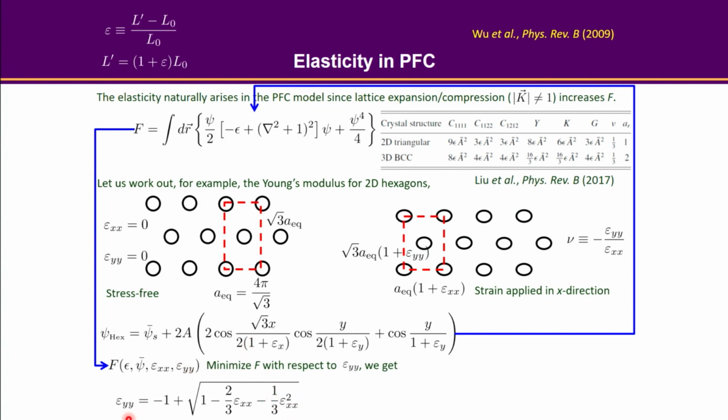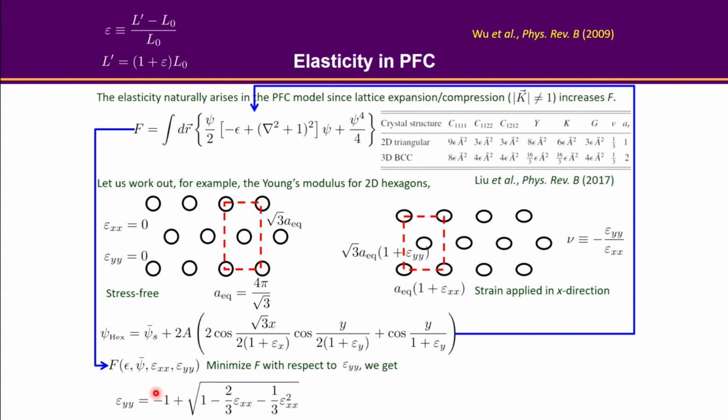In linear elasticity, the strain is always small. So if ε_xx is really, really small, I don't have to worry about the square term. Since this is much, much smaller than 1, I can do a binomial expansion, and the second term will be 1 minus 1/3 ε_xx.